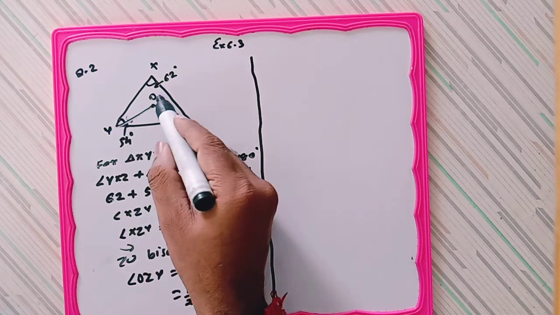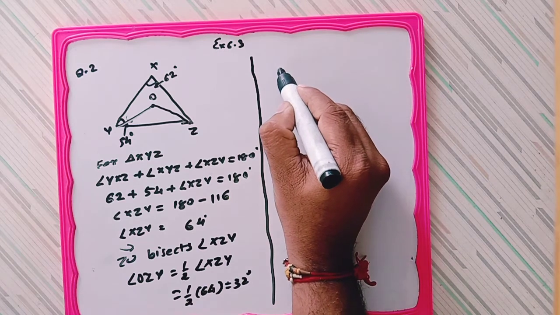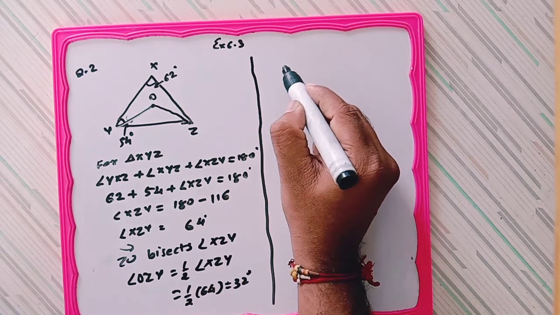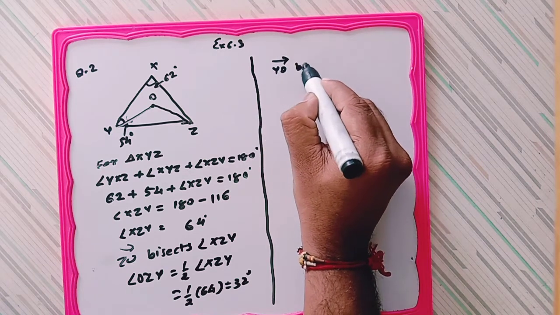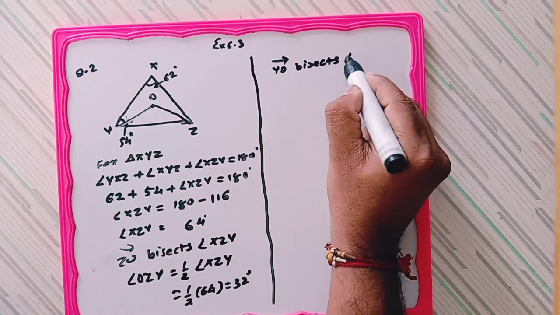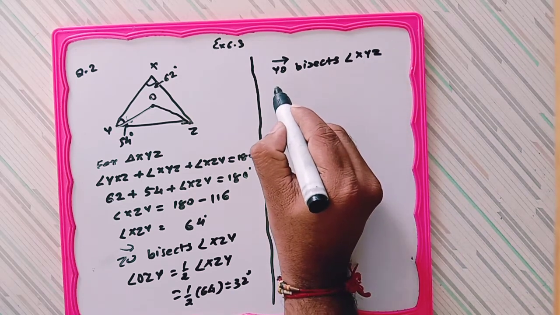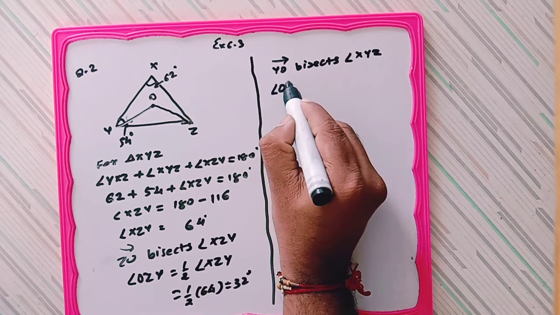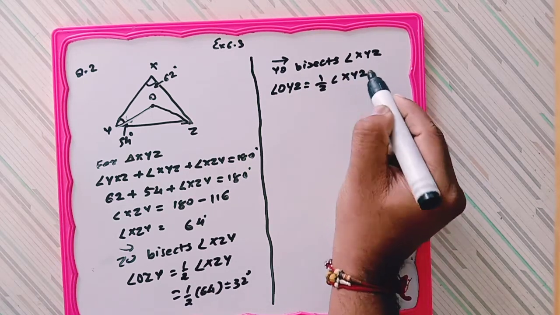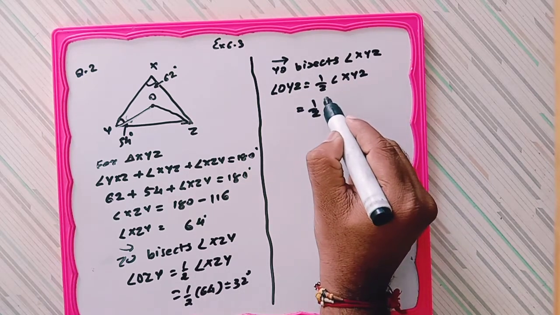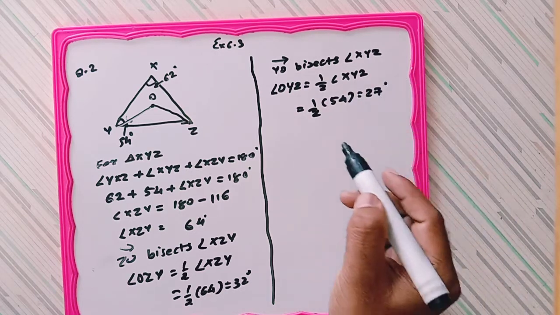Now we want YOZ also, so first we will find out OYZ. So here YO bisects angle XYZ, and so angle OYZ equals half of angle XYZ. So half of 54, it is 27 degrees.